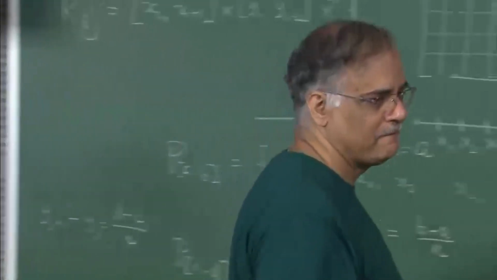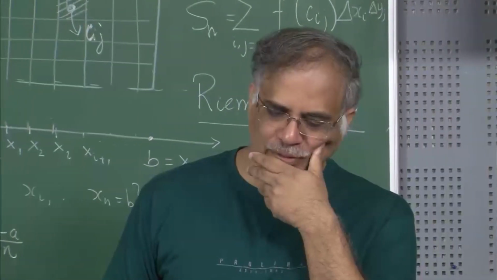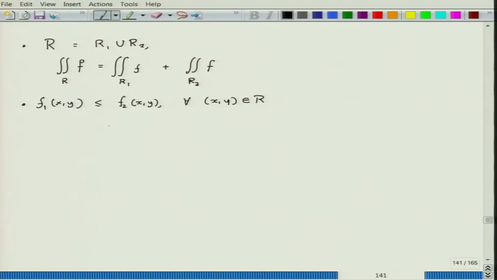So what I do is, now this would imply integral over R of f1 is always less than integral over R of f2. So these are quite simple consequences which, even if you think in terms of volume and all, you can figure out, but it is true for any kind of function.